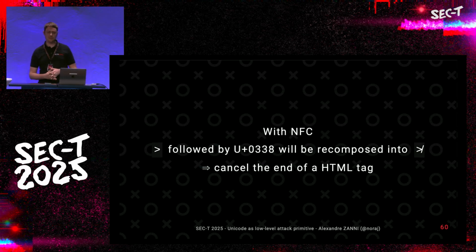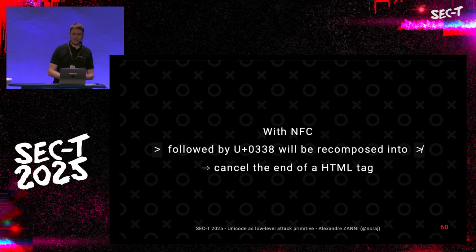And what happens when you don't have a compatibility mode normalization, for example, NFC? NFC is interesting because despite not doing compatibility mode, it will try to recompose what was first decomposed.